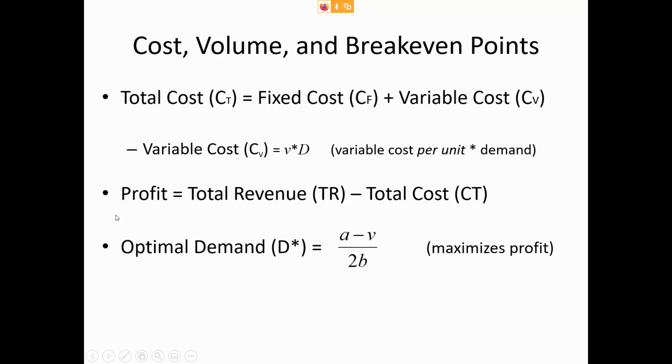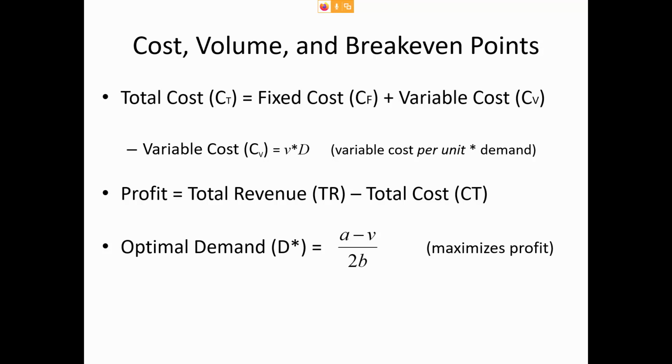So optimal demand is what a company is actually aiming for. D hat, remember from the previous screen, D hat was the formula that gives you maximum revenue, but there's a different formula that gives you maximum profit. This D star is the formula for optimal demand, which is how many units should be sold in order to maximize the profit.